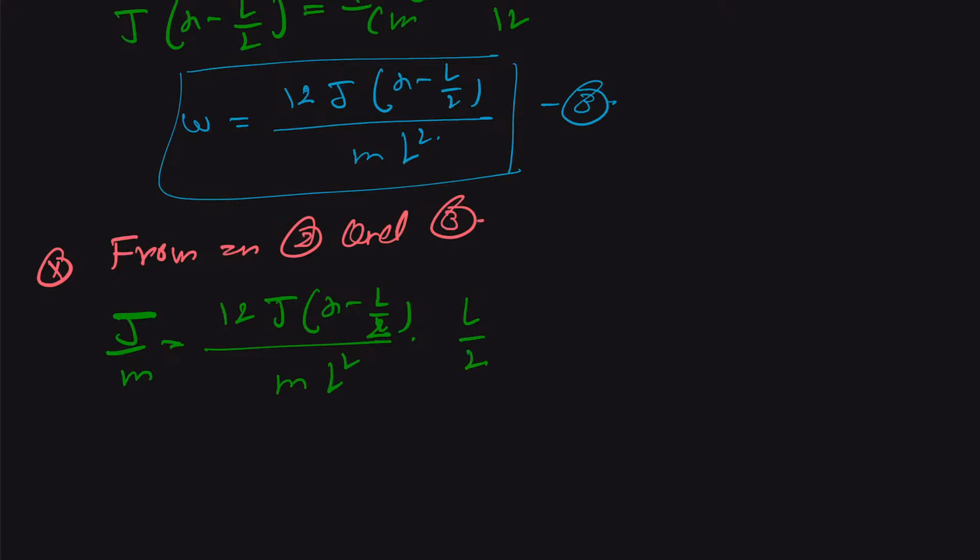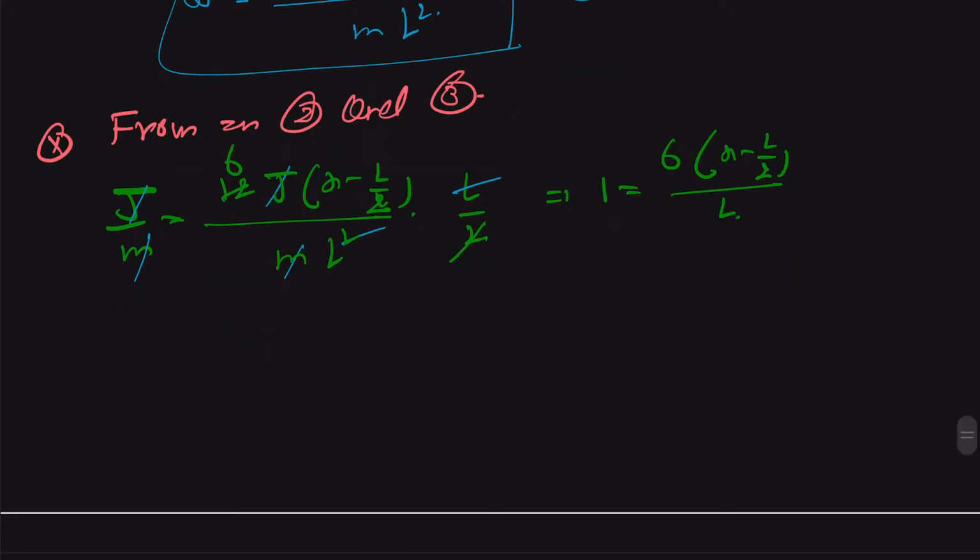And we can cancel out here, the L square goes by L, and M, J and J, therefore we get 1 is equal to, and we can also cancel out, goes by 6, so this comes as 6 times x minus L by 2 divided by L.